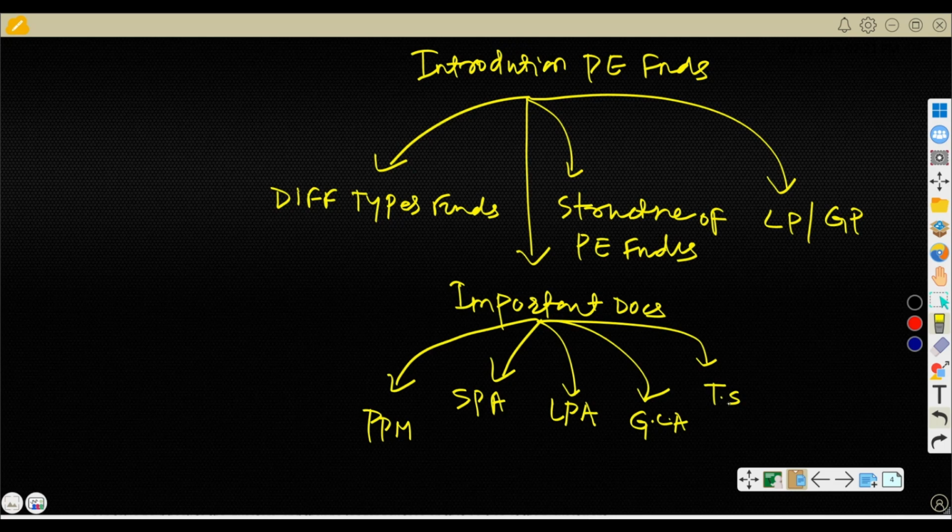If we get time, we'll discuss this portion also. But at least we'll try to cover the introduction of PE, different types of funds, structure of funds, and the LP and GP structure. Okay.